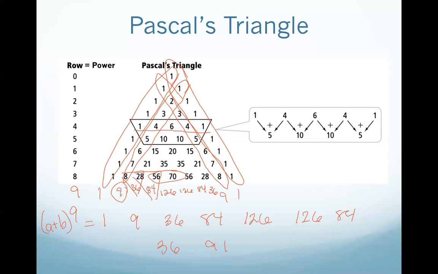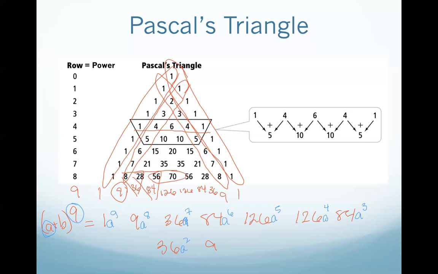Then the last part we have to fill in is the variables. And in order to fill in the variables, we start with whatever our first term is, raised to the power, a to the 9th. And then we go down. So we have a to the 9th, a to the 8th, a to the 7th, a to the 6th, a to the 5th, a to the 4th, a to the 3rd, a squared.